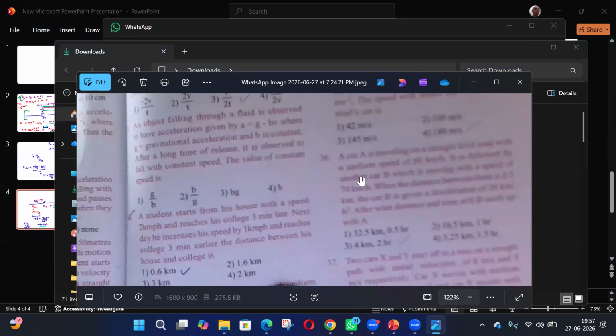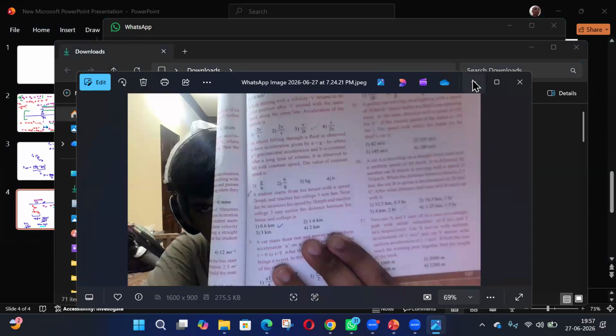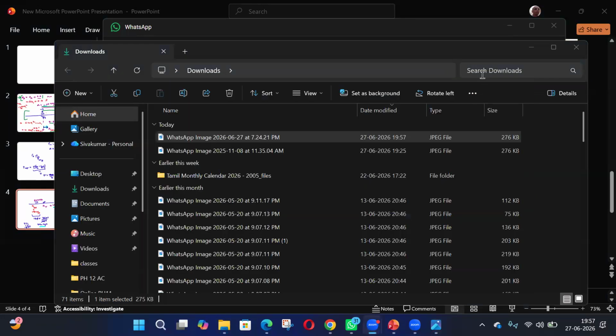Okay. So what they are teaching right now is instantaneous velocities.